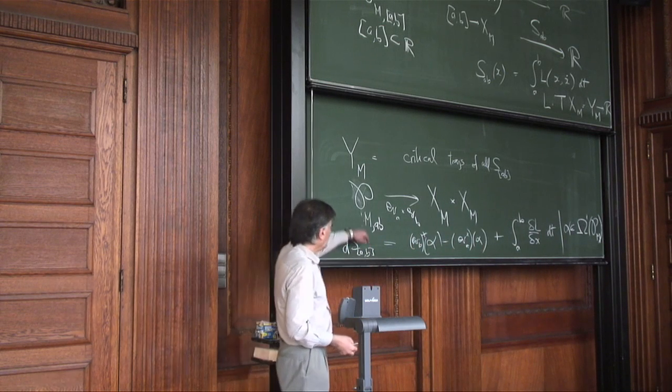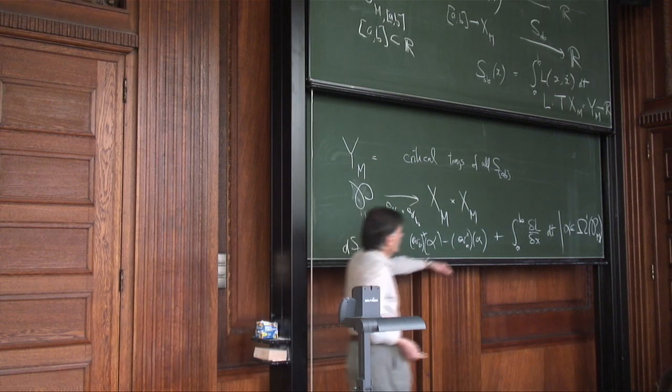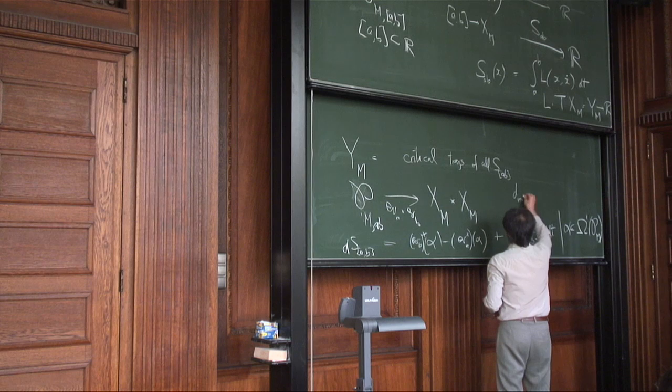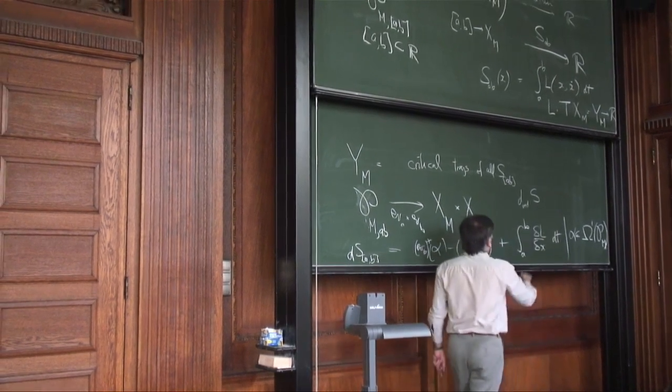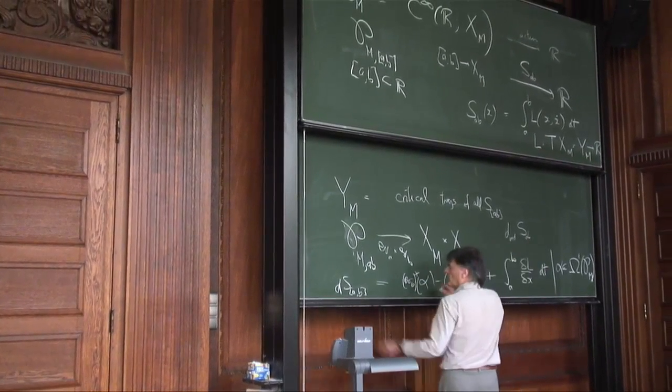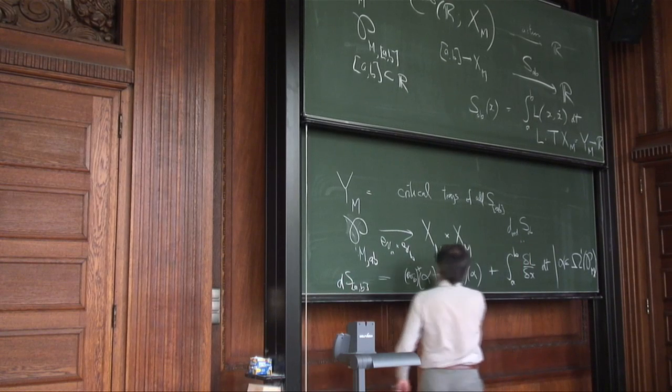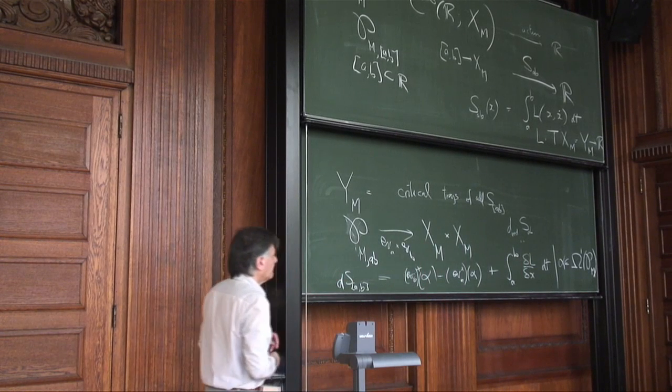So that's the usual integration by parts. You can think of this variational derivative, if you like, as a kind of vertical derivative of S_AB. So the whole gradient is the sum of this piece and two one-forms pulled back from the two ends.